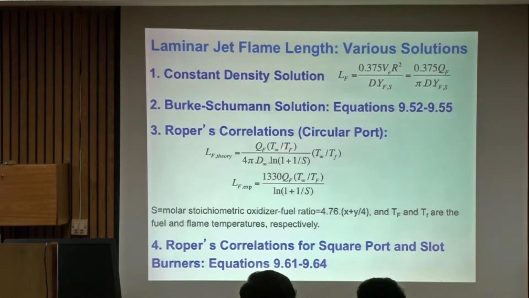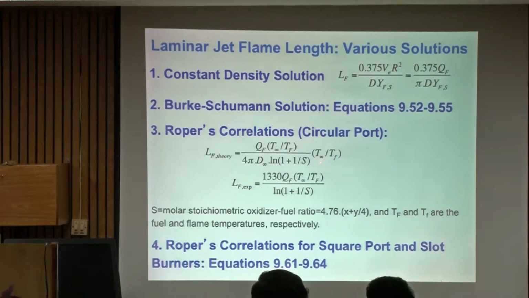Generally, this ratio will be about 1, but it accommodates the variation in fuel temperature, ambient temperature, and this is the flame temperature. So this brings indirectly the buoyancy effect.